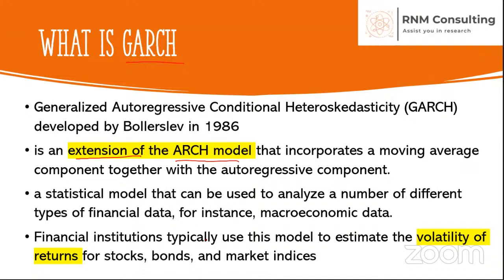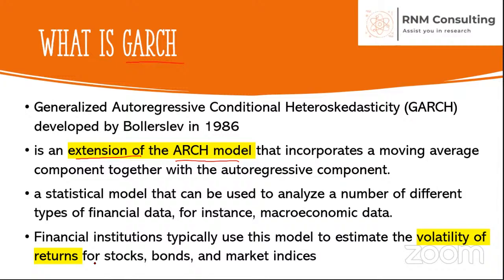But the difference is that, because it is extended, there are things that we can typically predict using the GARCH model, because it is more generalized and perfects what the drawbacks were in the ARCH model. So the system is almost the same.